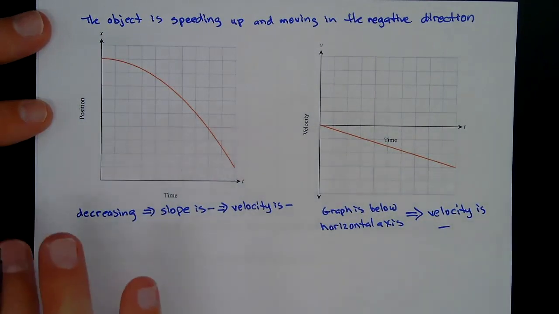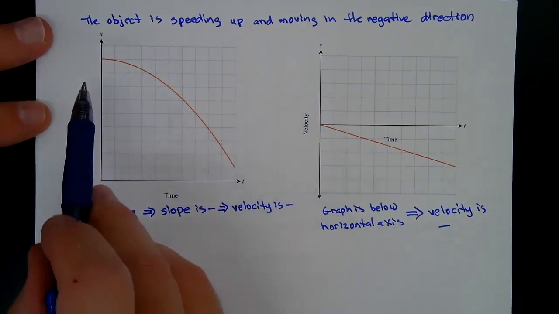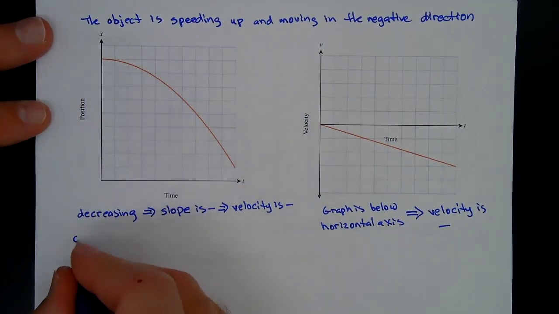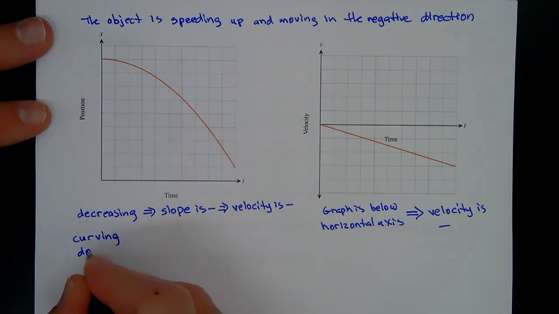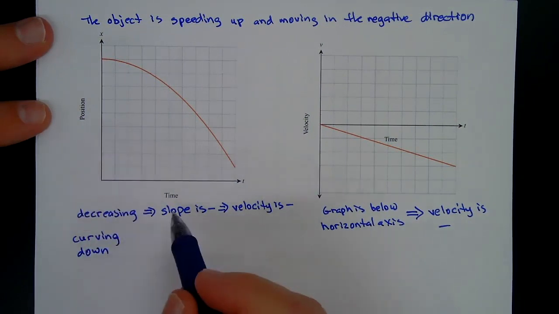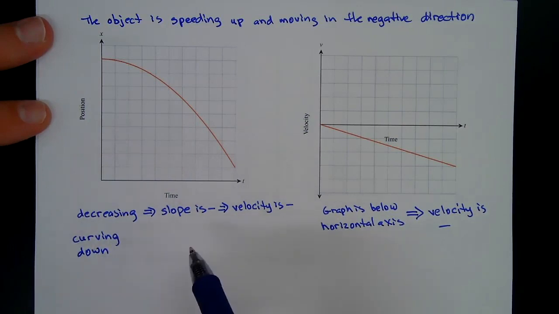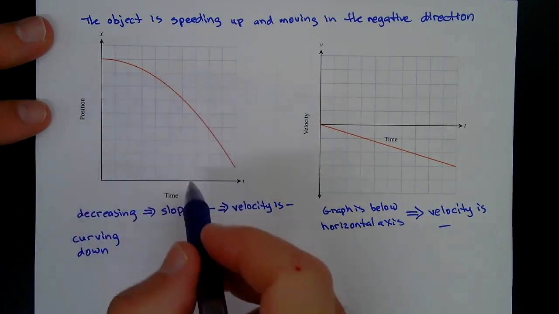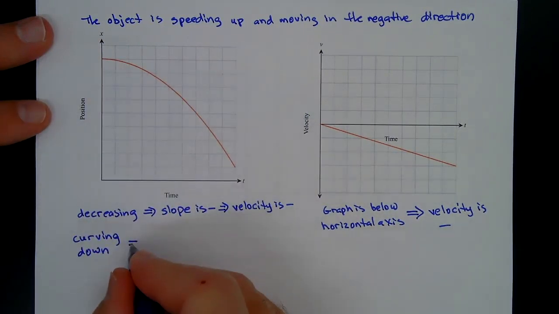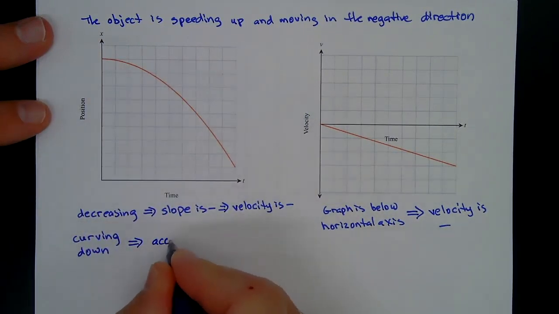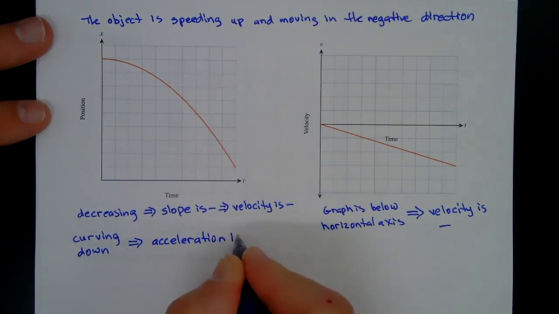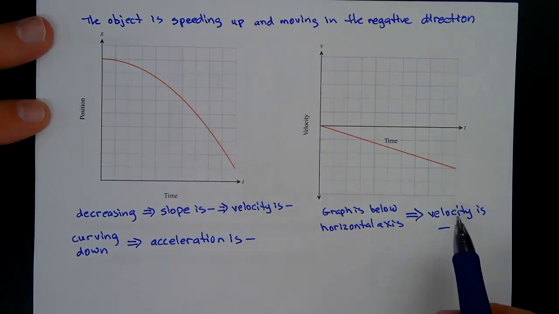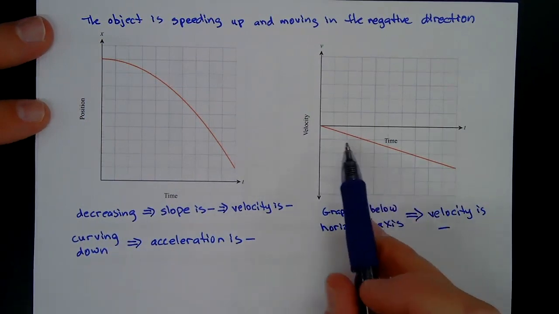Okay, now let's take a look at the acceleration. So this is curving down. On a position time graph, the curvature will tell me the sign of the acceleration. So since it's curving down, the acceleration is negative. Over here, the way I determine the acceleration is to look at the slope.